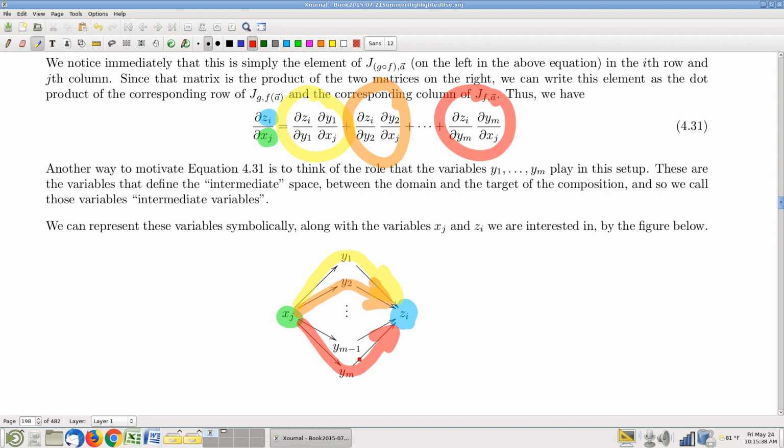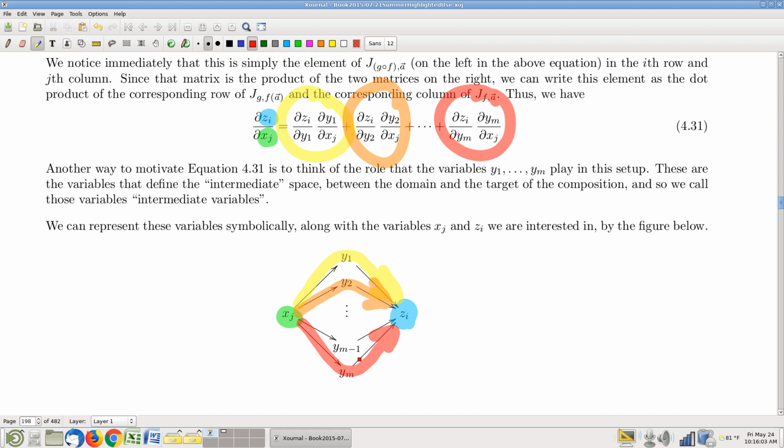Okay. So there's two different ways you can think of this. Where does this formula come from? You can think of this as being kind of a slice out of the Jacobian version of the chain rule, or you can think of this formula here as representing just the sum of the different propagations of changes that go from xj to zi that I'm interested in.